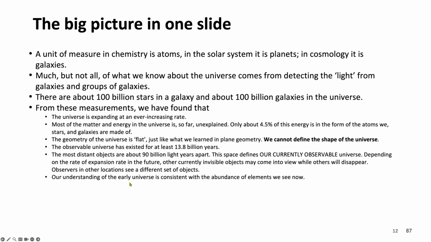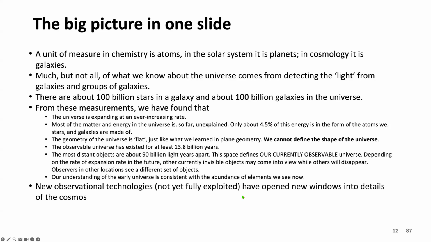And this model compares well with what we see in the galaxies. We can look at the chemistry of galaxies and we see agreement between our models of the early universe and what we see today.